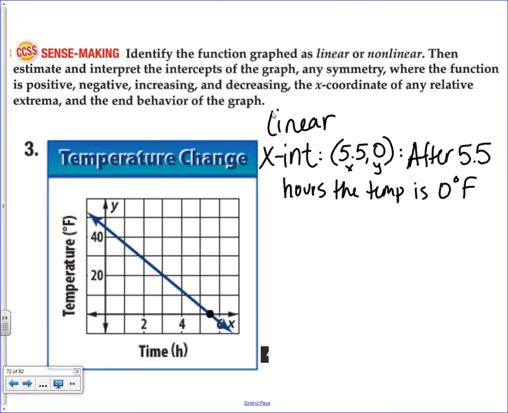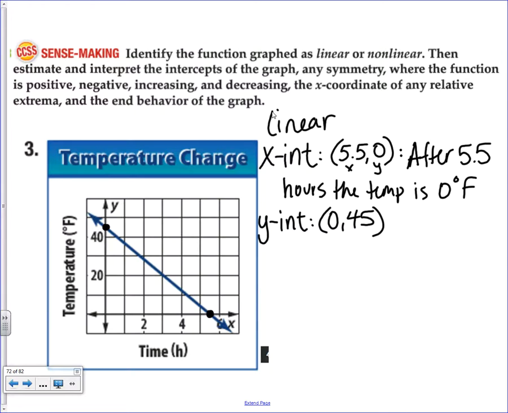Okay, now I need a y-intercept. 0, 45. What does that mean? No. The temperature started at 45. 0 hours is where it starts, right?